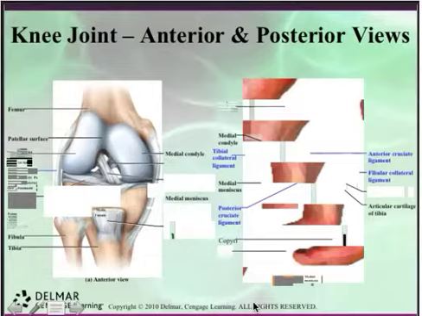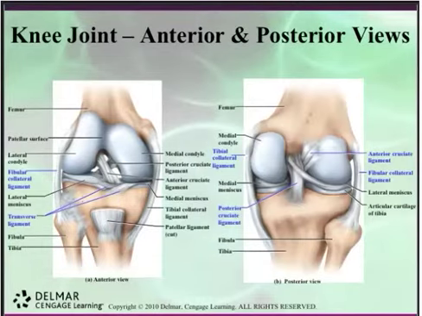And here is a peek at the back of the knee and the front of the knee. This is the front, this is the anterior aspect, this is the posterior aspect, and what I want you to notice here are the collateral and the cruciate ligaments. Okay, so there is the lateral collateral or fibular collateral ligament, and here is the tibial collateral ligament. And so these stabilize the knee moving side to side.